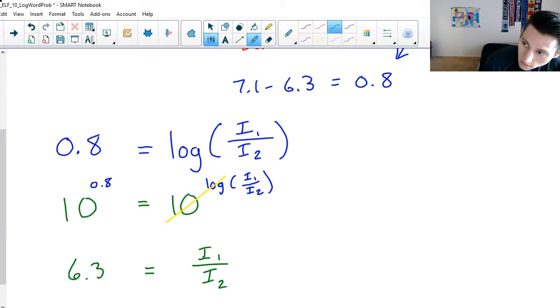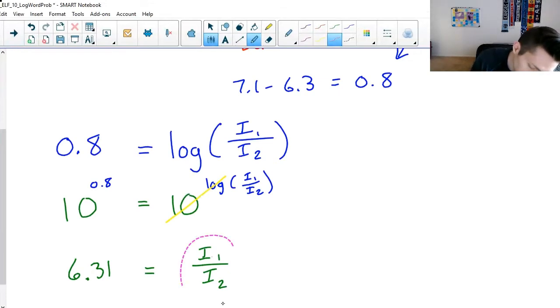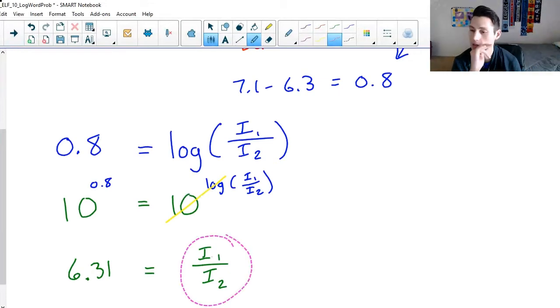It was 6.309. I rounded up to 6.31. Okay, so 6.31. Now again, keep in mind what this actually means. This is the ratio between the two earthquakes' intensities. Intensity 1 divided by intensity 2 is 6.31.